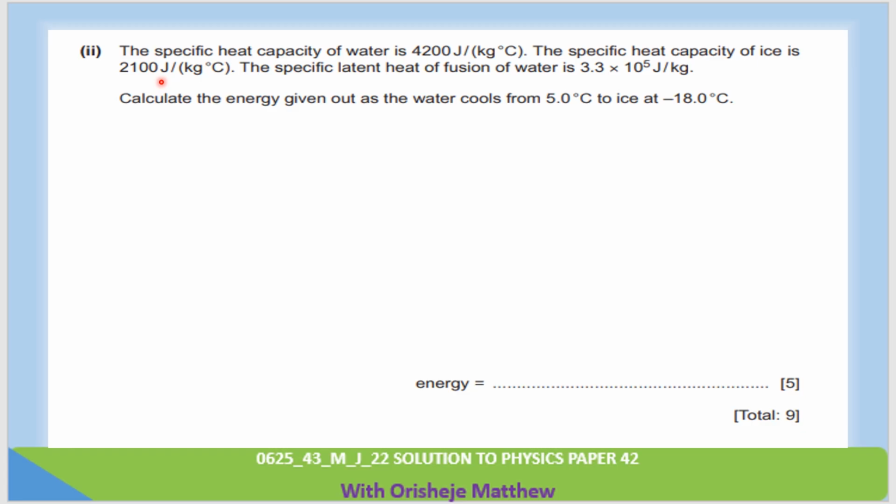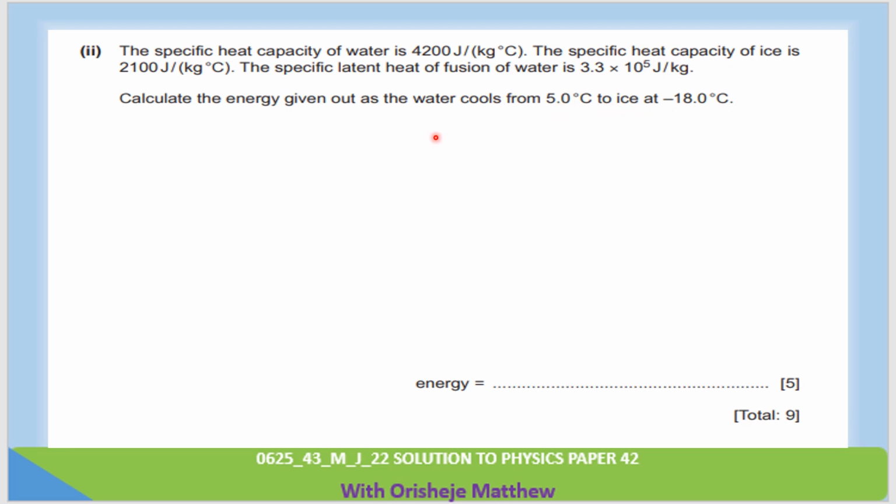The specific latent heat of fusion of water, that is the melting, okay, per kilogram. So the energy needed to melt 1 kilogram of water is 3.3 times 10 raised to the power 5 joules per kilogram. Calculate the energy given out as the water cools from 5 degrees to negative 18.